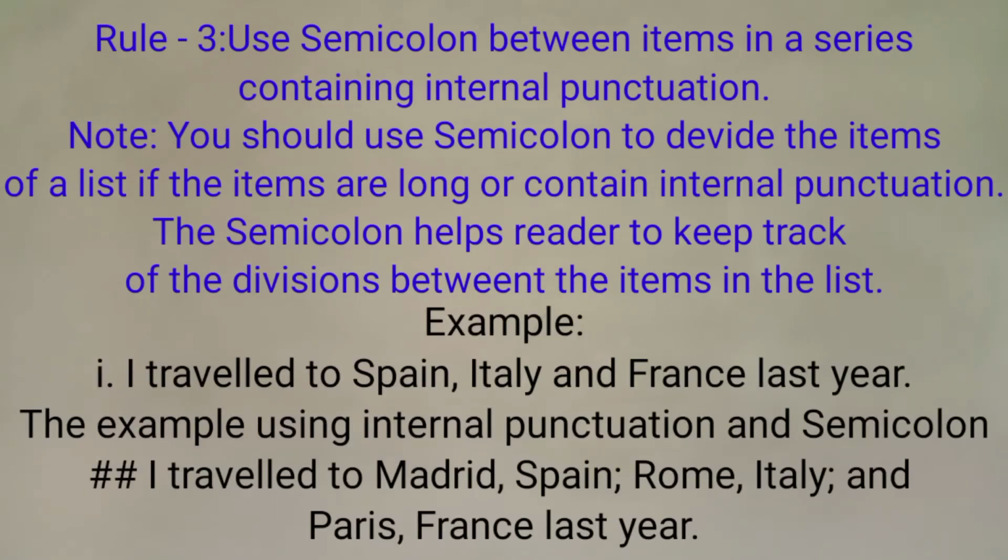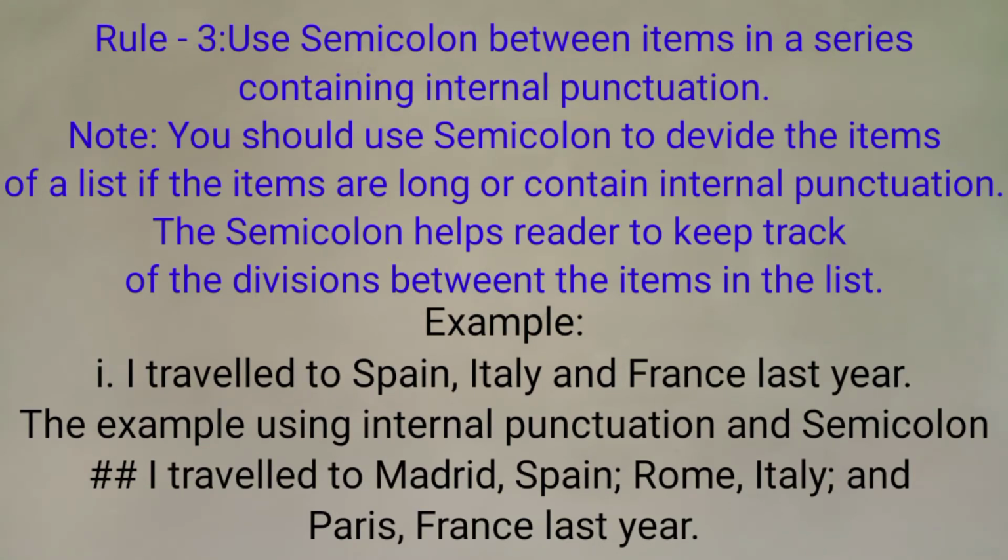Example: I traveled to Spain, Italy and France last year. Okay, this is an example. But my dear learners, if the list contains internal punctuation such as I traveled to Madrid, Spain, Rome, Italy, and Paris, France last year, it is not correct.